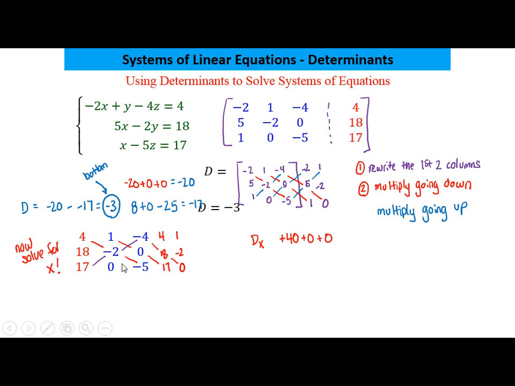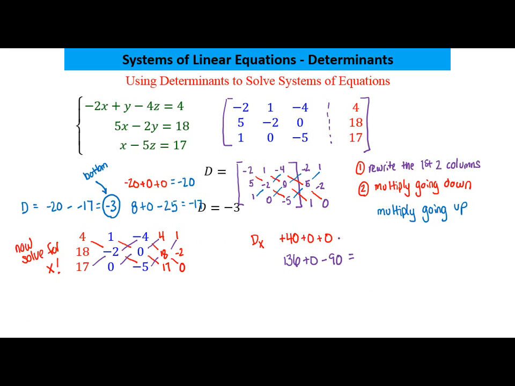So we need to multiply 17 times 2 times 4. And it is positive or negative? Then the next number, 0 times 0 times 4. And then we have negative 5 times 18 times 1. Would be negative 90. Good.